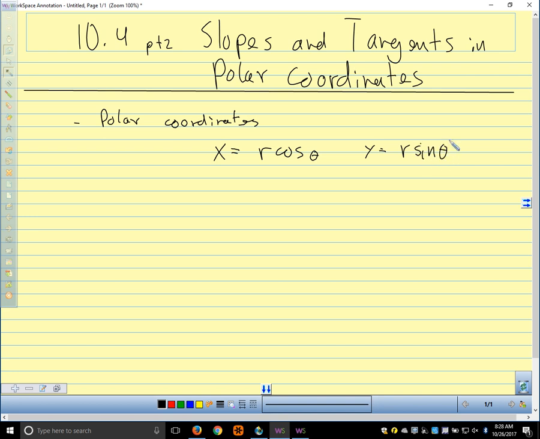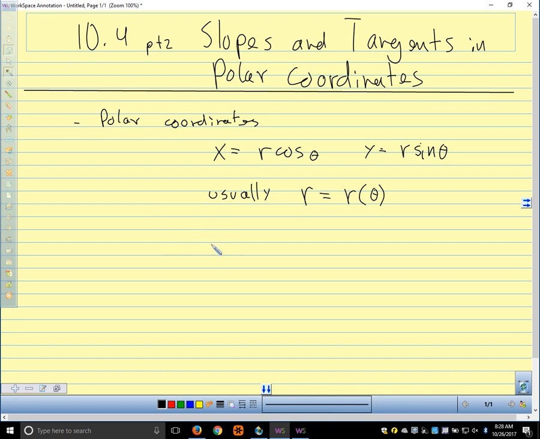And usually in polar coordinates, our radius is going to be a function of theta. So I'm going to say r equals r of theta. So our polar equations are usually r equals something having to do with theta.